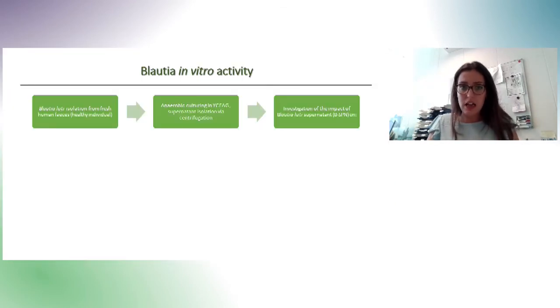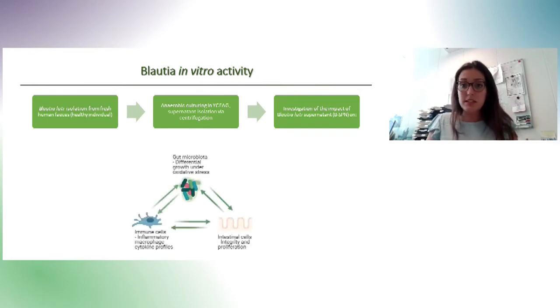So for that, we did a series of in vitro assays in which we isolated Blautia luteii from fresh human feces, and we cultured anaerobically with YCFAG, which is our selected media to grow bacteria, and then we isolated supernatant. We decided for this work to focus mainly on supernatant and not on the bacteria itself. And then we did a series of studies.